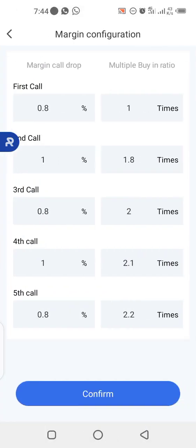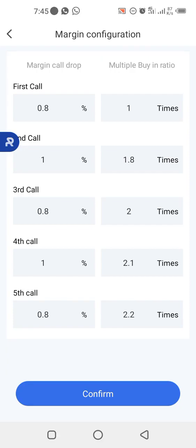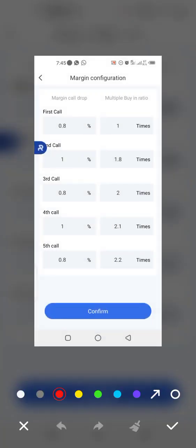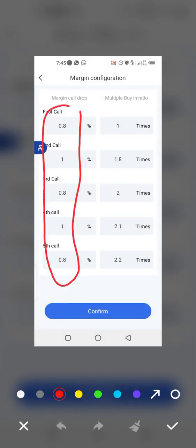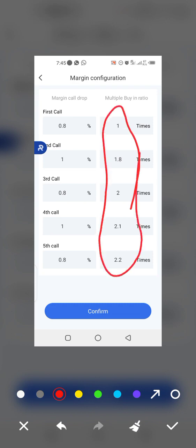Then this can be 1%. You just need to have the power to be patient. This can be 1% or 0.81%. But when it comes to this side, make sure it moves in correspondence with your capital.